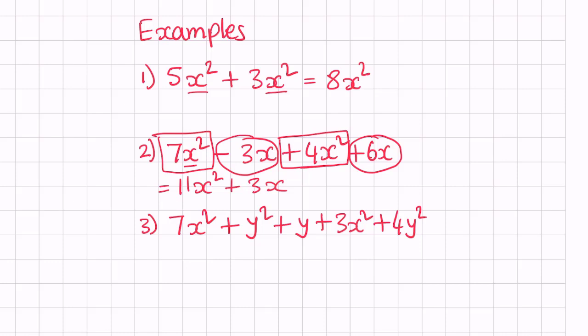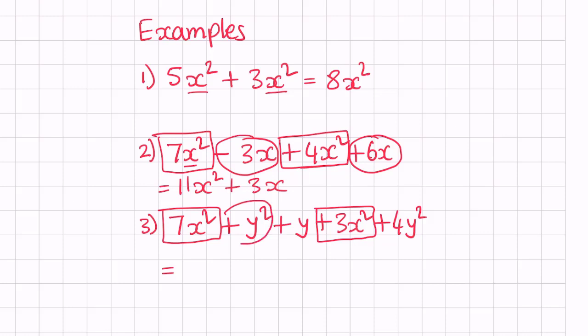Question 3, we have 7x squared and then y squared and y. So we have three different terms here, so we're going to add 7x squared to 3x squared because they have the same power, which is the same term.